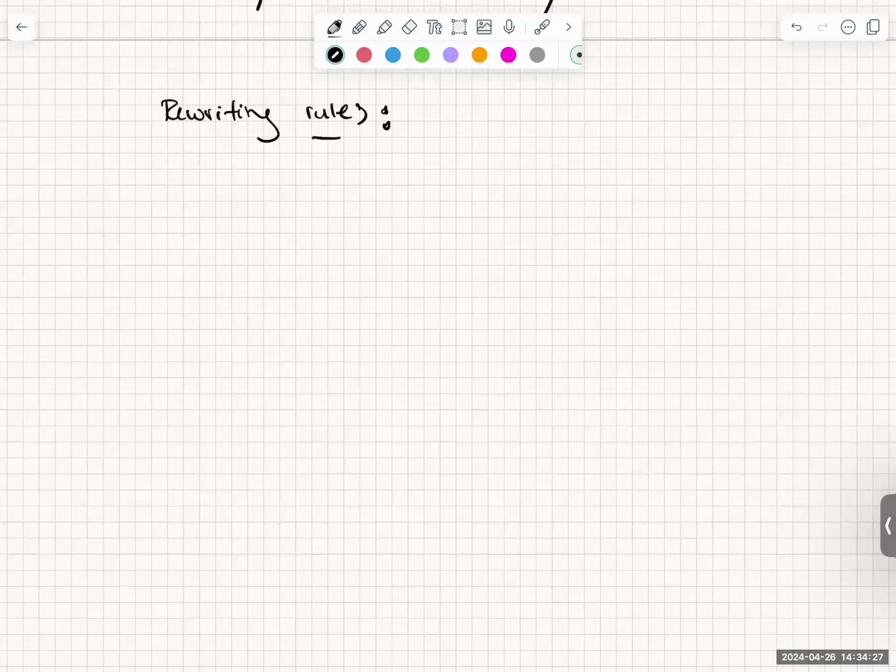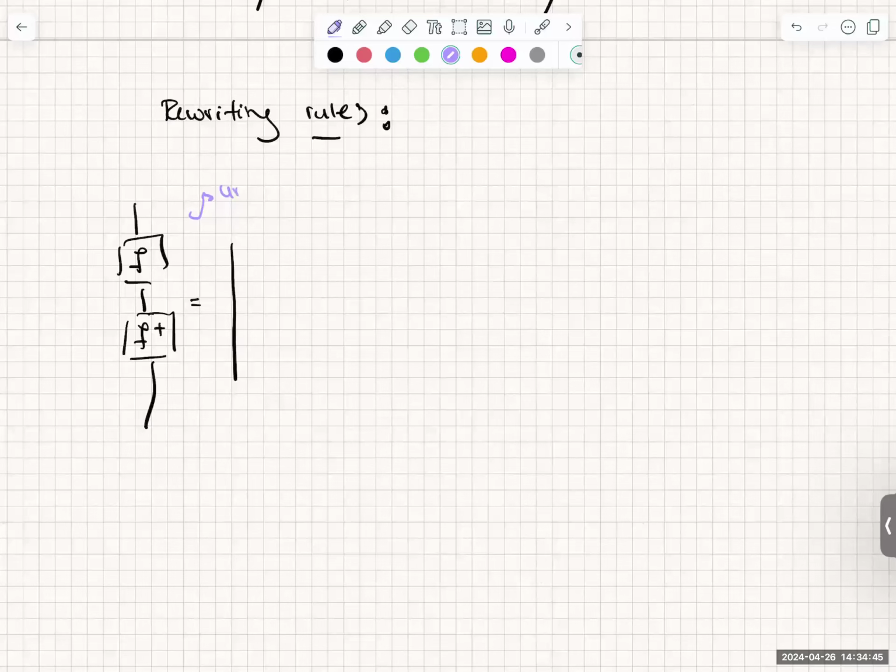So what we can think about, just to give an example, is say I have that F and F dagger are equal to the identity, so that, you know, this is what we would call unitary.